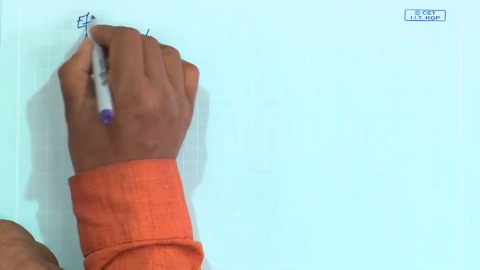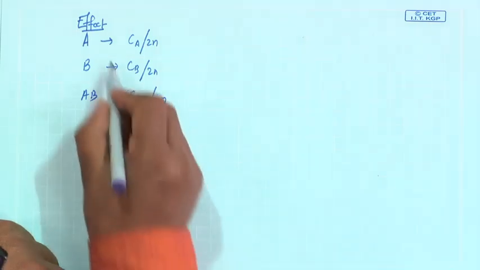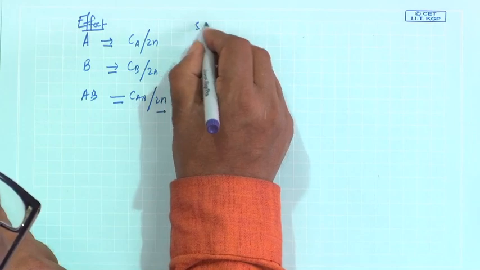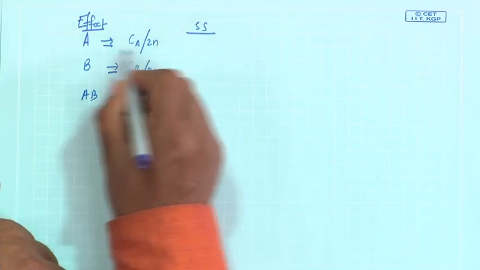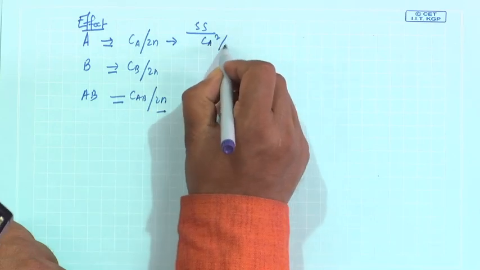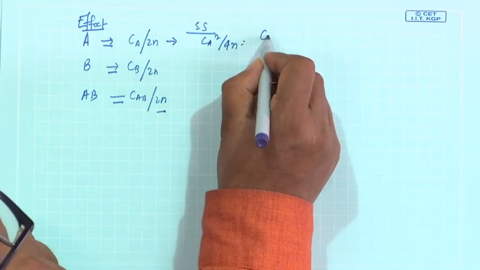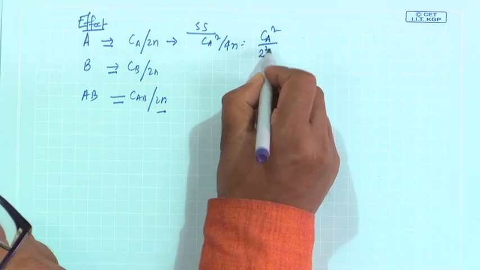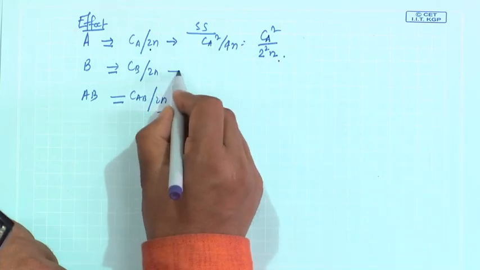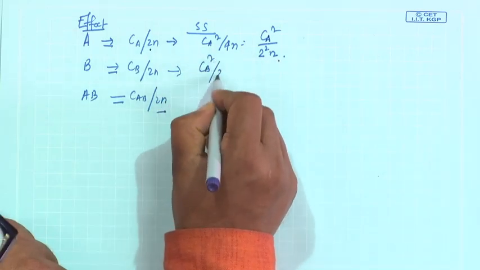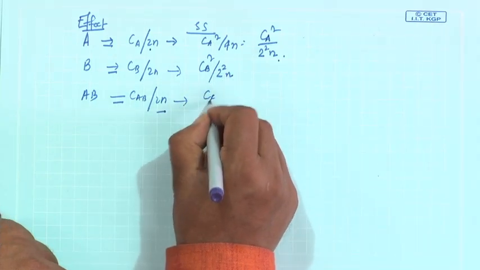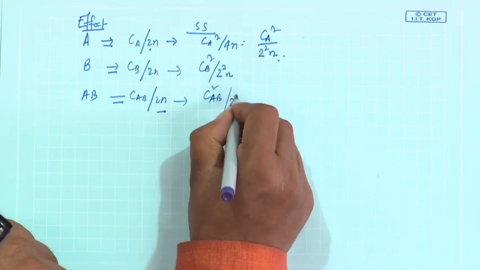These are the effects, equal to this, equal to this, equal to this. If you want SS, then what will happen? For A, the SS will be contrast squared by 4n, meaning I can write contrast squared by 2 to the power 2 times n. This is C B squared by 2 to the power 2 into n, and this will be C AB squared by 2 to the power 2n.